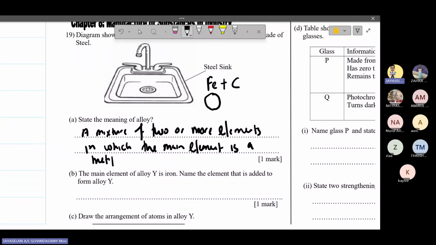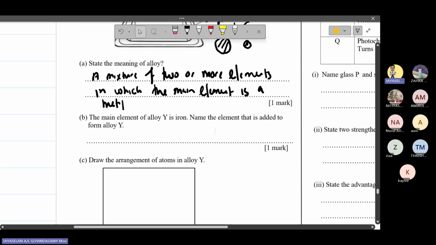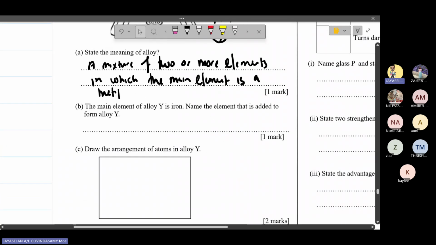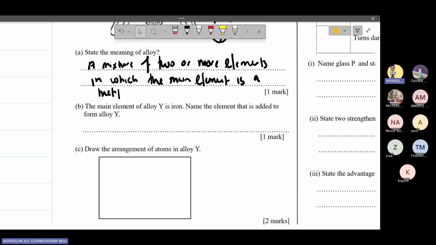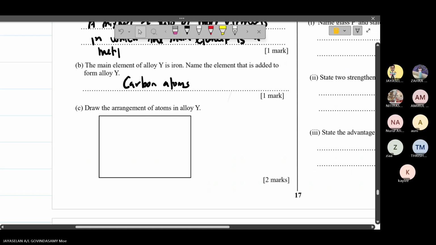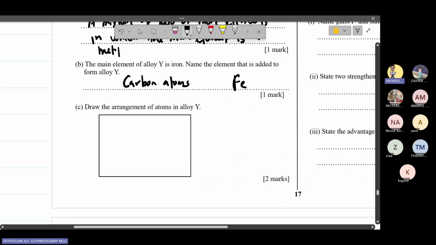Iron size dia besar, 56 RAM. Carbon dia punya size kecil, 12 saja. Ini 56. Ini adalah berapa? 12, the RAM. Okay, can I? Okay, what is the main element of alloy Y? Iron. Name the element that added to alloy Y. Jawapan kamu, carbon atoms. Because alloy steel is made up of iron plus carbon.